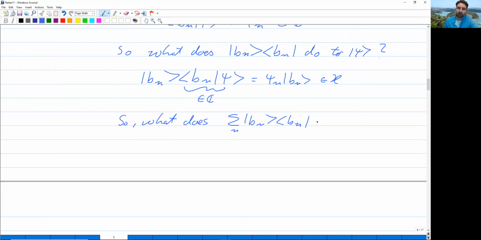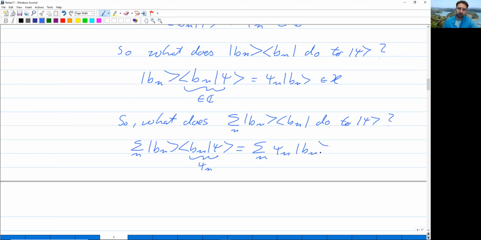So what does this thing here do to ψ? Well, let's work it out. You have the sum over n of |Bn⟩⟨Bn|ψ⟩, and you may already see where this is going. Since this here is ψn, this is the sum over n of ψn Bn, but hey, we know what that is. That is ψ, right? Because this here is the representation of ψ in the B basis.